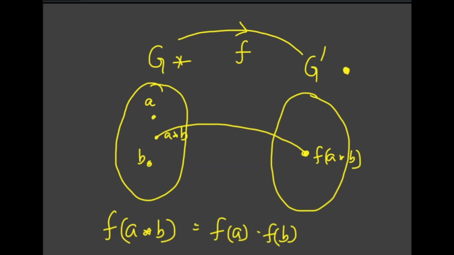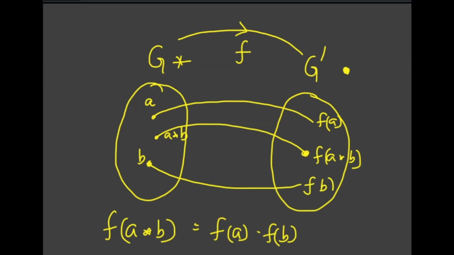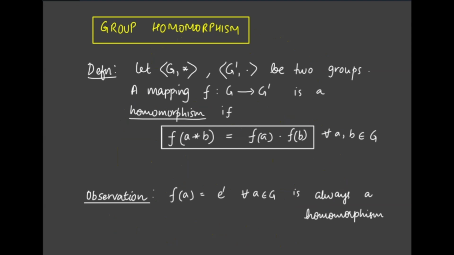And what it is saying is this will be equivalent to, if you see the image of a, f of a, and image of b, f of b, and if you operate this f of a and f of b, then it will be equivalent to this f of a star b. So operate first and then find the image, or you find the image first and then operate. Both will be the same, is what homomorphism is saying.